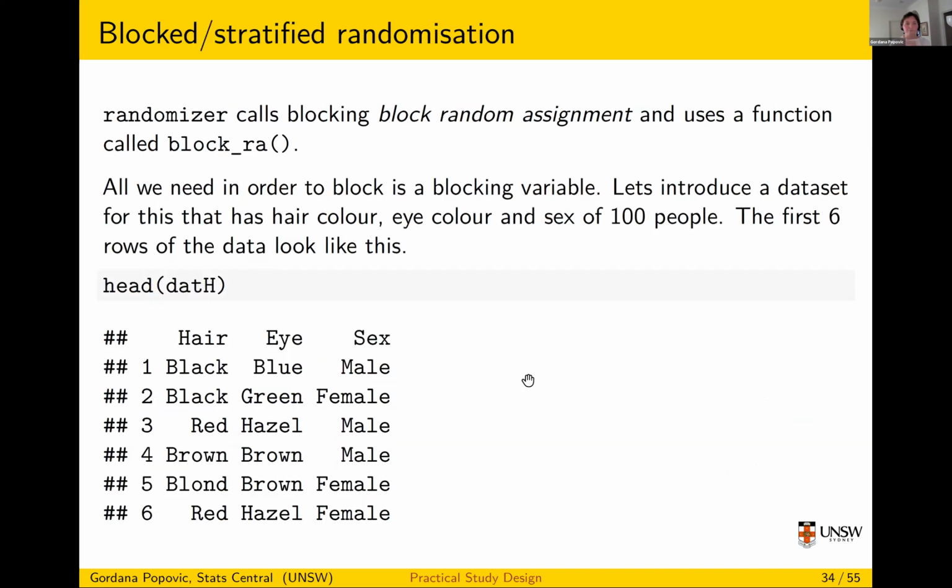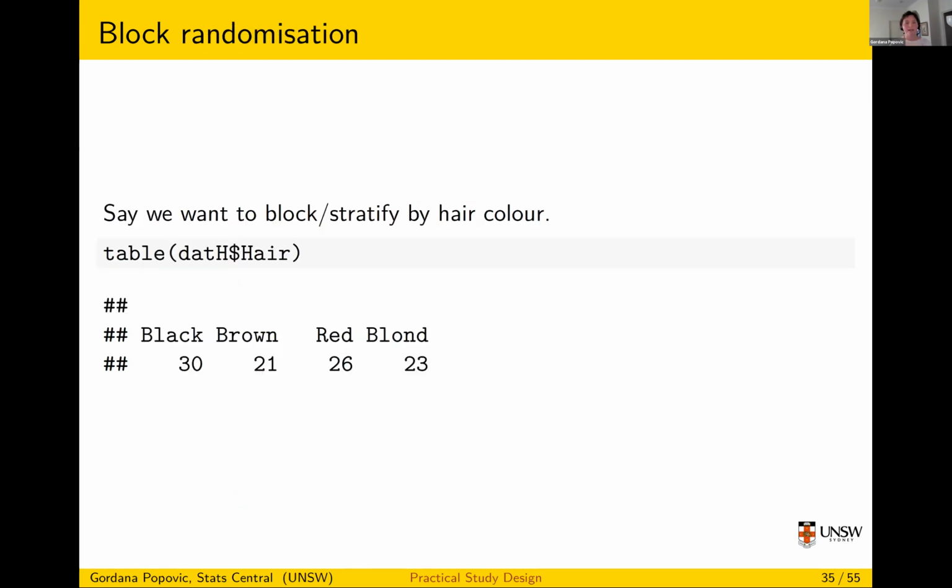So how do we randomize with blocks? There's this block_ra function. We need a blocking variable. So we have this data set that has the hair color, eye color, and sex for 100 people. This is the first 6 rows. So the first person has black hair, blue eyes, and is male. And we're only interested in the hair color at the moment.